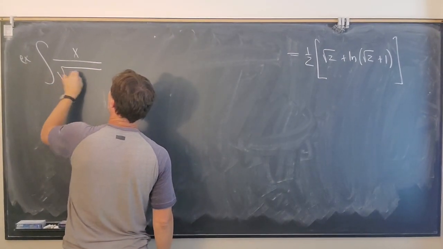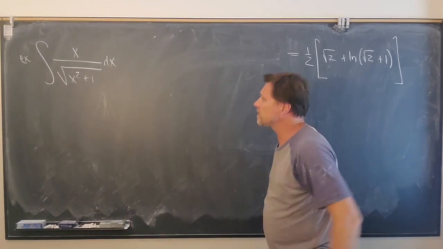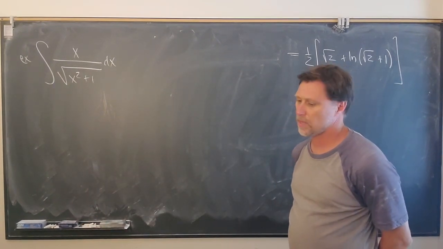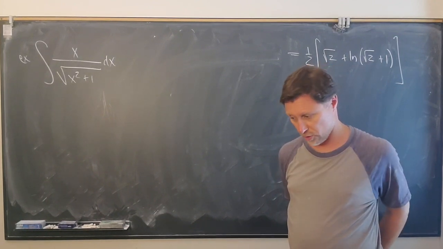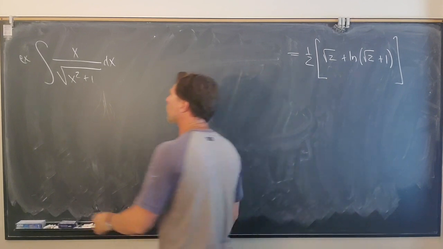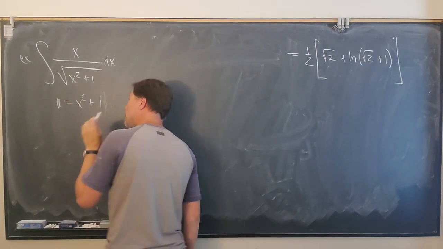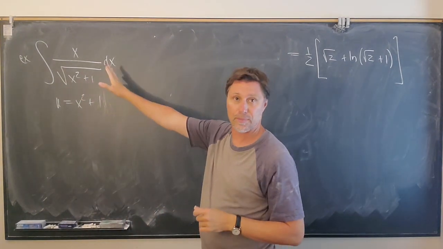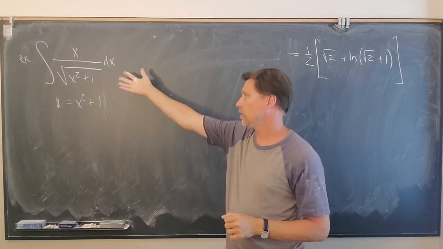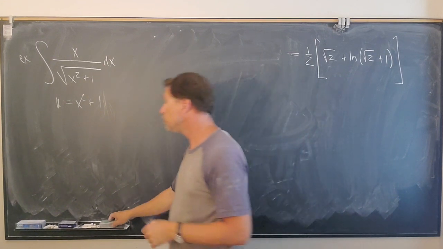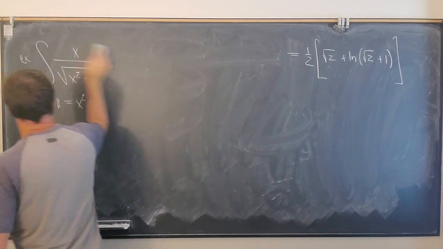You'll have a couple of homework problems like this that are not trig problems, but it's designed to make you recognize, oh yes, you could do tangent substitution, go through the trig substitution process, but it's much quicker in this case to do U substitution. Okay? So, just because it has a square root does not mean that you absolutely have to do trig substitution. There's sometimes more than one way to do it. Here's an example. All right, do U substitution. It's much quicker, much more efficient if you can do U substitution rather than trig substitution.